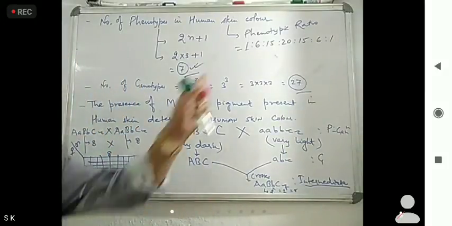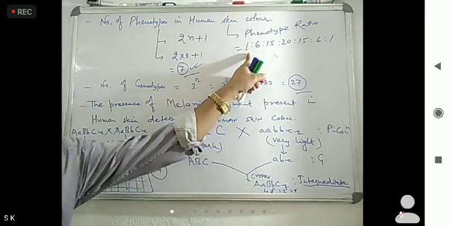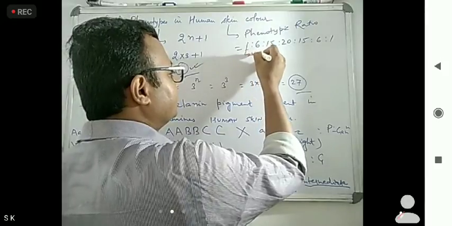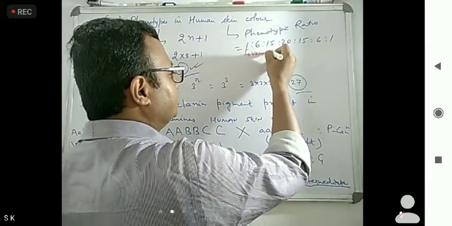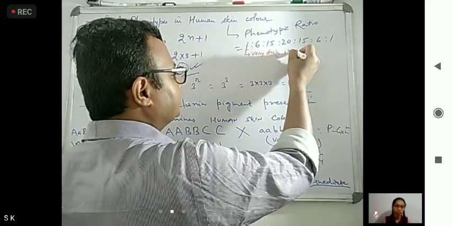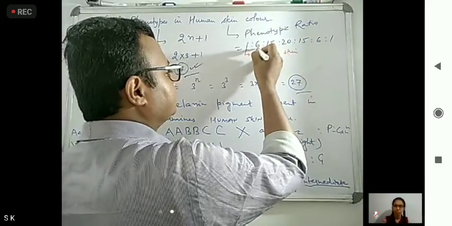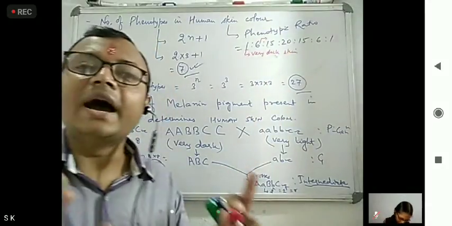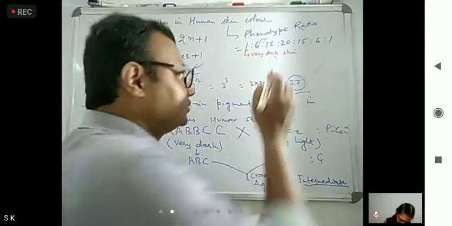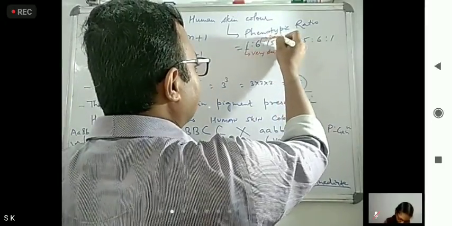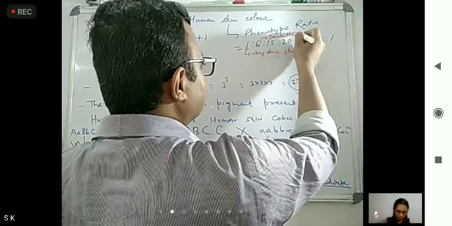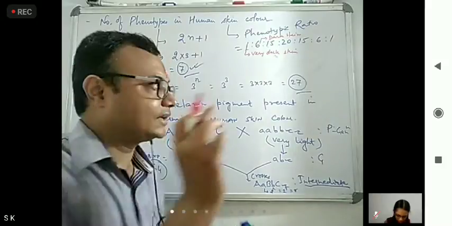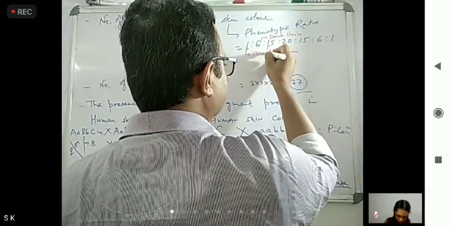Now this one is having very dark skin. Then this one will be dark skin, lesser than very dark. Then what will come?